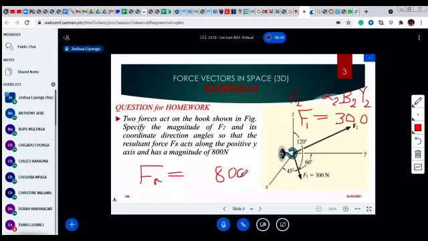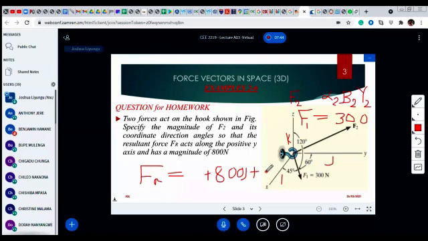Now, what is the direction of that 800? They have said that the 800 Newton is along the y-axis. If you can remember our unit vectors, this is J, this is I, and this is K. So the 800 Newton is along the y-axis, which is J, positive.